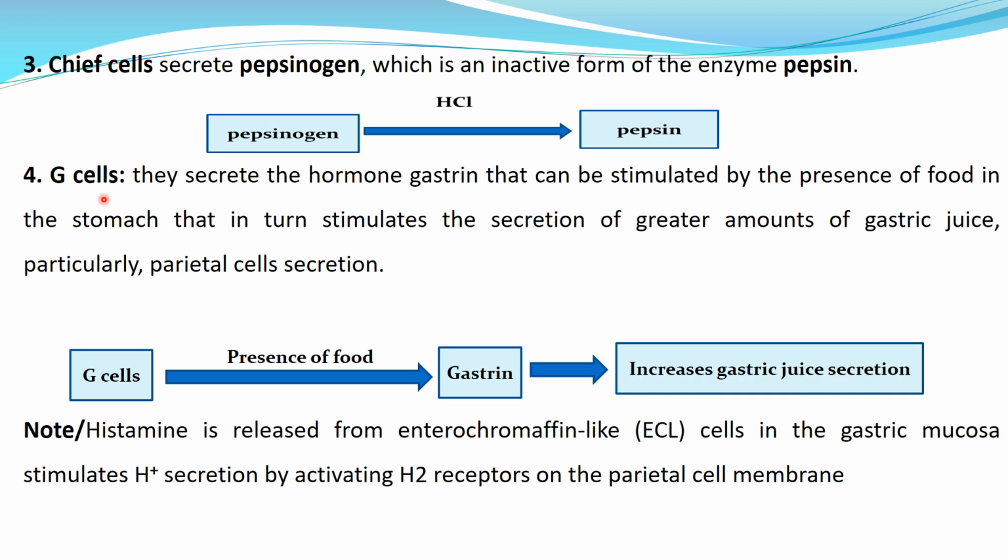It is responsible for the secretion of three main types of chemical agents or molecules. As we illustrated here, when there is availability or presence of food in the stomach, it induces the G cells to secrete gastrin, and gastrin induces the secretion of gastric juice, especially by the parietal cells.